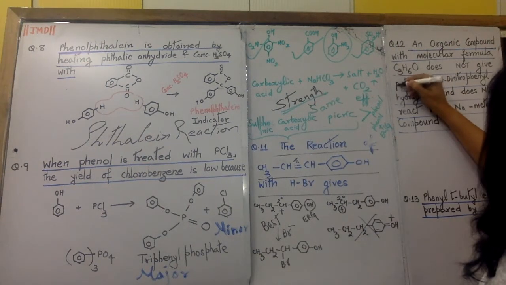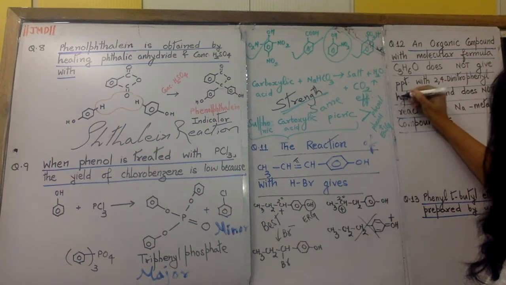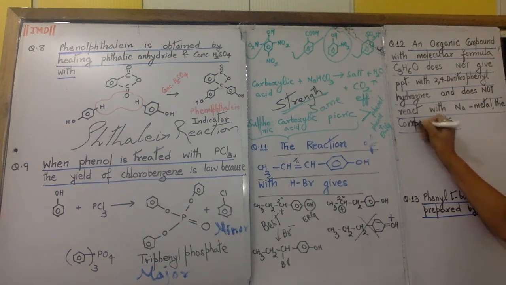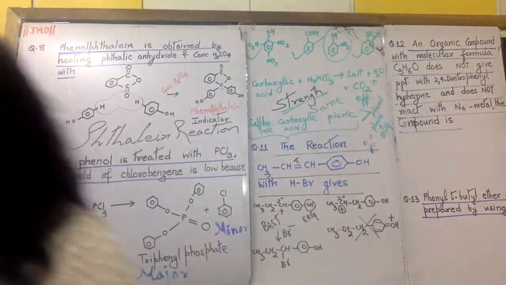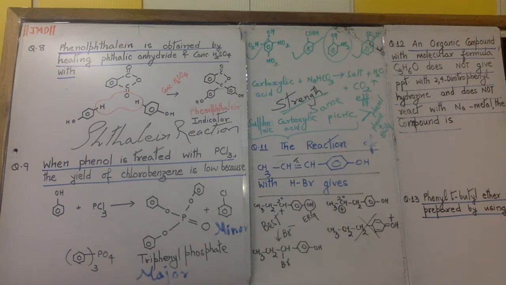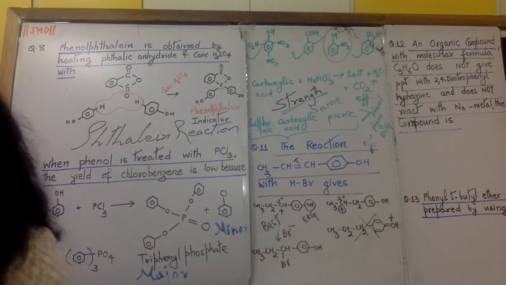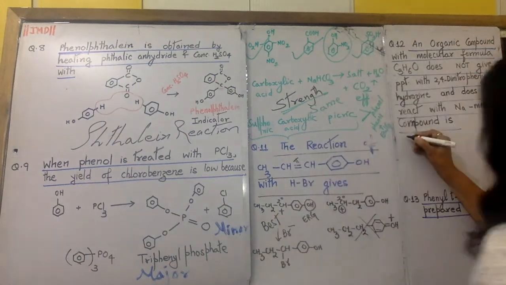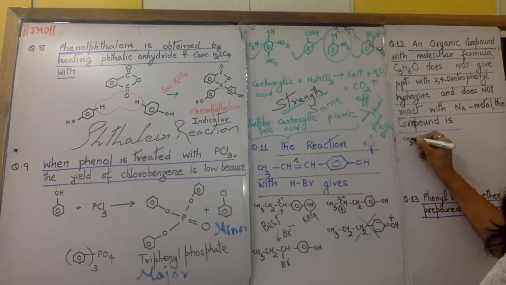An organic compound with molecular formula C3H6O. अब देखो, इसके ऑप्शंस लिख लेते हैं. क्या ऑप्शंस दिए हैं? Okay, they have given dimethyl ether, then vinylic, and then propanol, and then allyl alcohol. So the options are, one of the options is CH3-O-CH3.